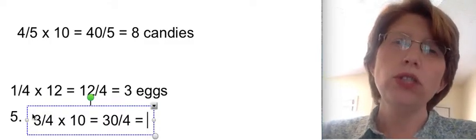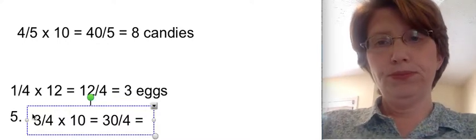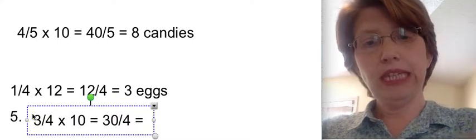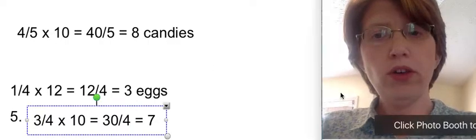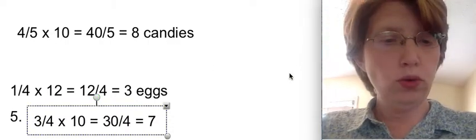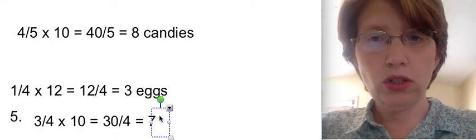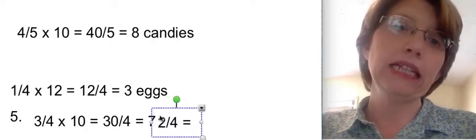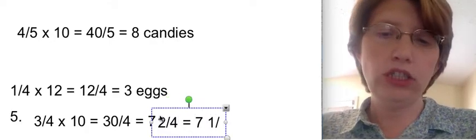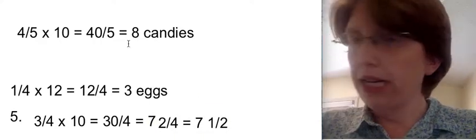So 4 goes into 30 how many times? 7, with a remainder of 2. And then that would be 7 and 2/4. But I can't leave it at 2/4. It would actually change to 7 1/2, right? 7 1/2.